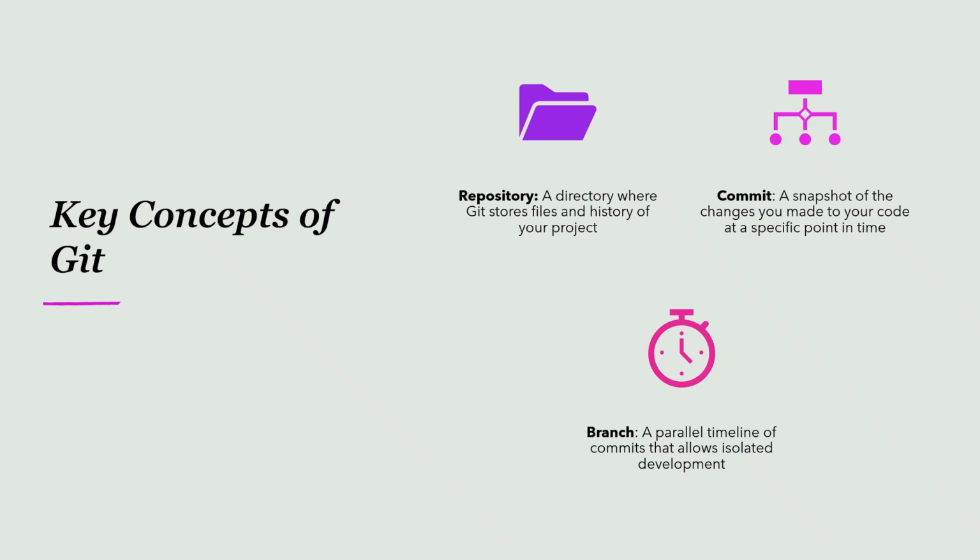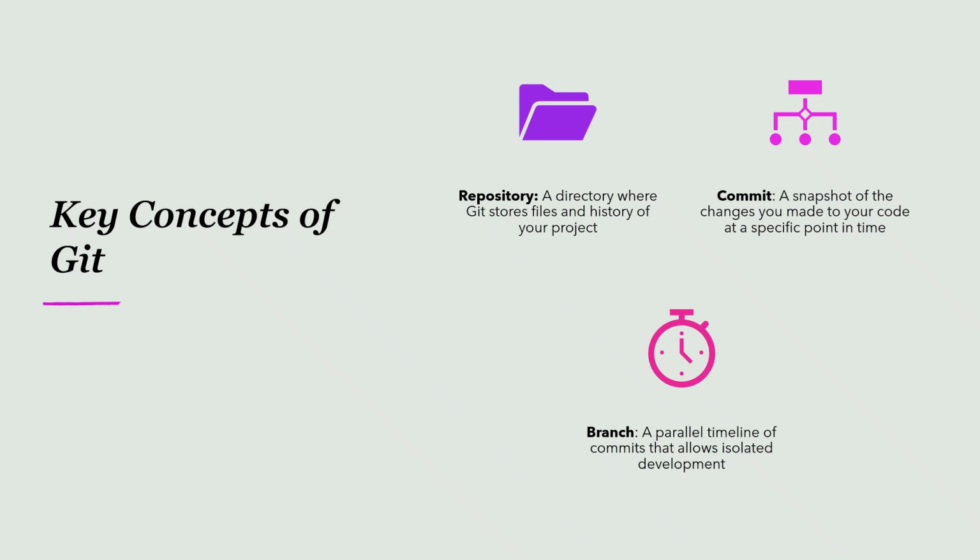We also have the branch as one of the concepts of Git that basically has to do with working in parallel with the rest of the team members. So it's like a parallel timeline of commits that have been made by a particular contributor within the project.